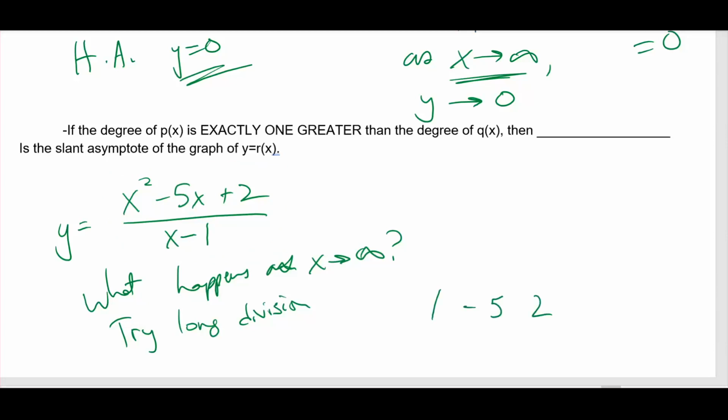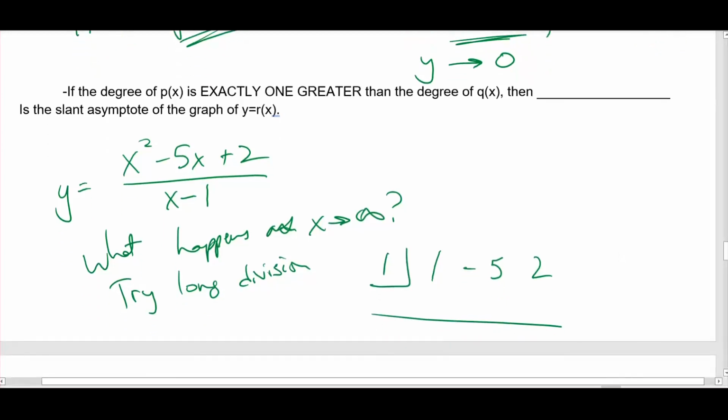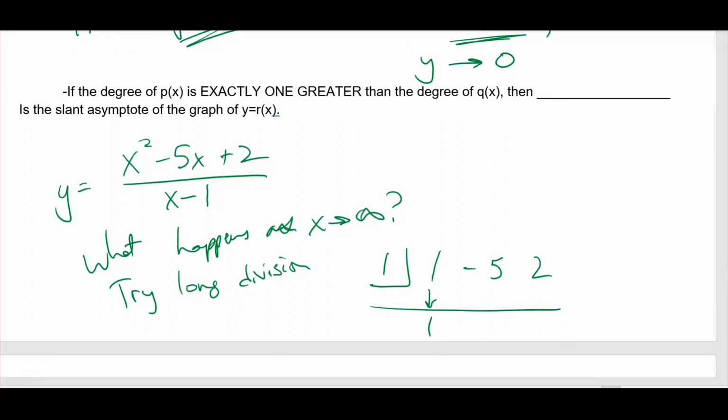If I'm dividing by x minus 1, I'm going to put a 1 up there. So we just rifle through this subtraction and multiplication and addition, because we're old pros at this now that we've done it a million times in those previous sections, right? So we bring down our 1, we add, multiply by 1, we add, we multiply, we add, and there we have it.